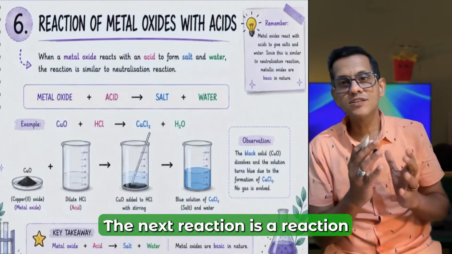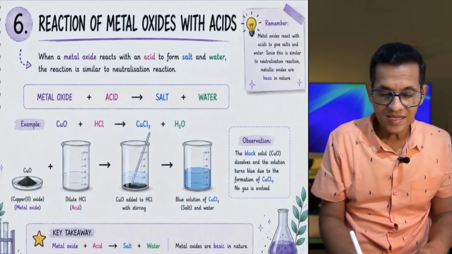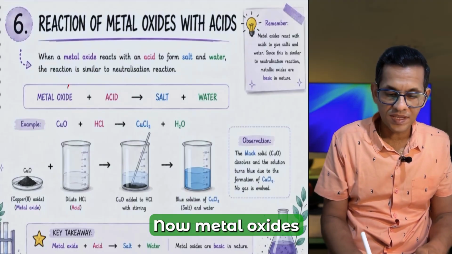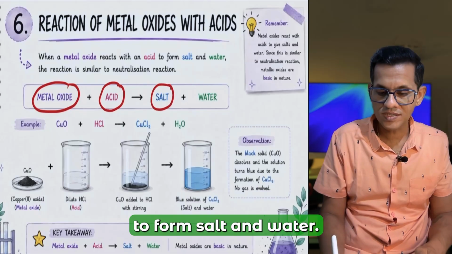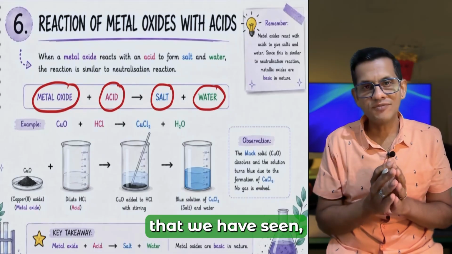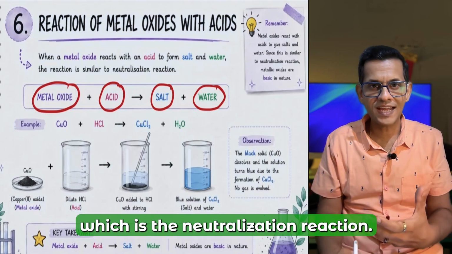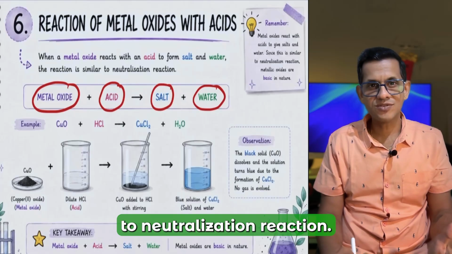The next reaction is the reaction of metallic oxides with acid. Now metal oxides react with acids to form salt and water. And if you recall the previous reaction that we have seen, the neutralization reaction, this particular reaction is very similar to it.